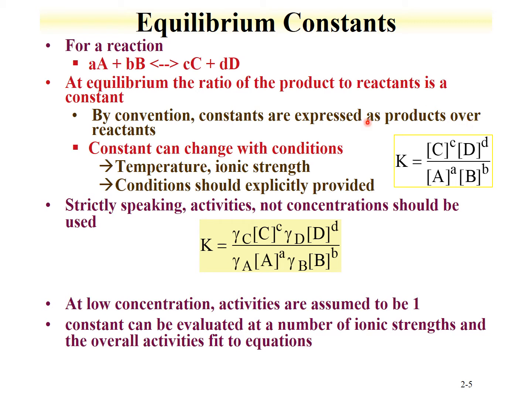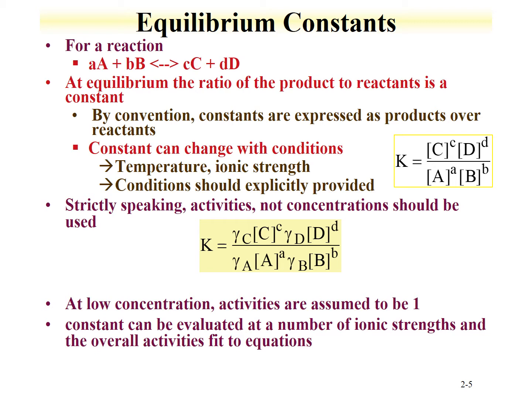In the equation, we get some constant here, which is equal to the products raised to the exponent of their stoichiometry divided by the reactants. Now these constants, although they're constants, can change with temperature and ionic strength, and if you measure constants or see them in the literature, you should try to understand the explicit conditions that these constants were measured under.